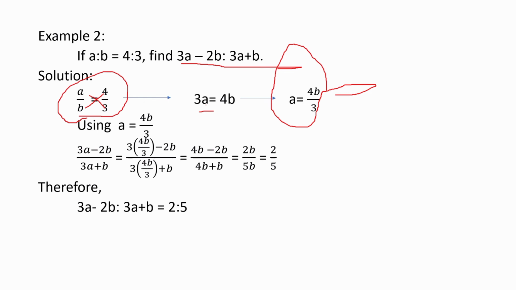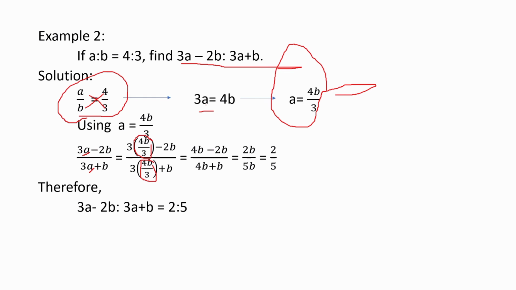So using a is equal to 4b over 3, we use this ratio given above, then substitute the value of a, and remember that the value of a is 4b over 3 minus 2b. Then again, in the denominator, substitute the value of a, which is 4b over 3 plus b.